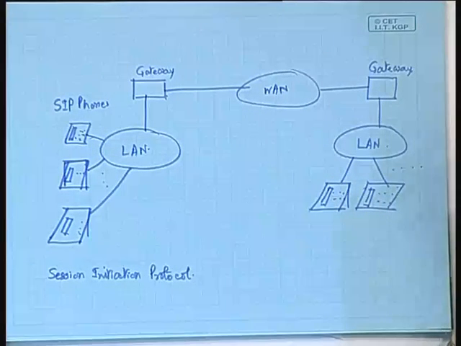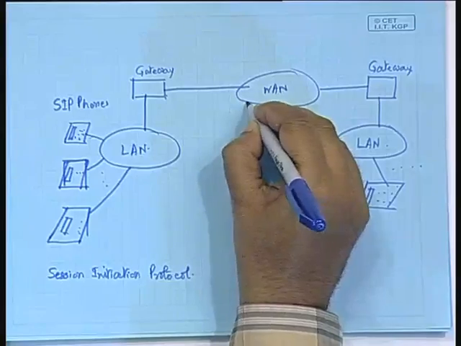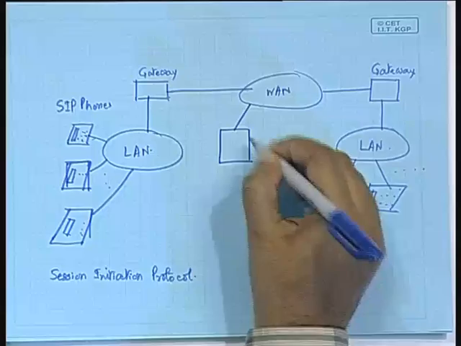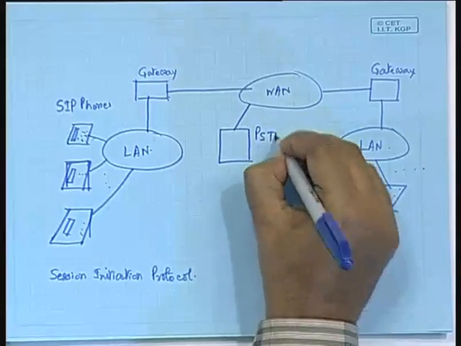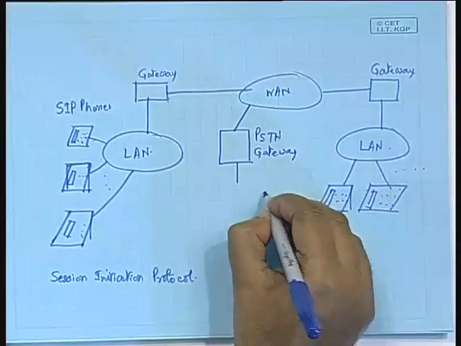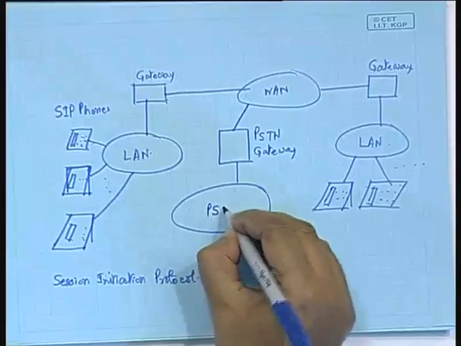But the difficulty is how you get connected to the POTS, because not all telephones will be connected as the IP telephones. So, there will be the normal telephones which will be connected to the PSTN. So, what one can have is that to this wide area network, one can have a separate gateway which we call the PSTN gateway, and to the PSTN gateway one can have the PSTN.